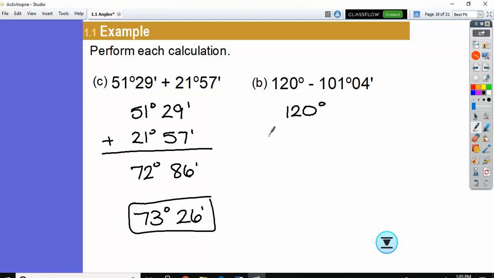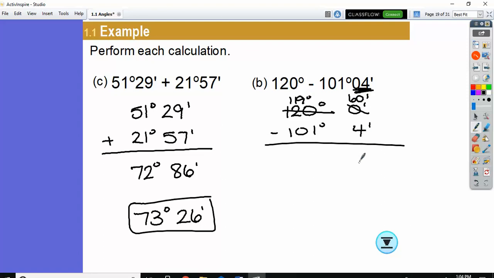B, we have 120 degrees minus 101 degrees, 4 minutes. Your textbook will write it as 0.4. I don't care, that's not necessary, so you don't have to do that. So we have to borrow, so it would be 119 degrees and 60 minutes. So 60 minus 4 is 56. 119 minus 101 is 18. So 18 degrees, 56 minutes. Alright. So far, so good?